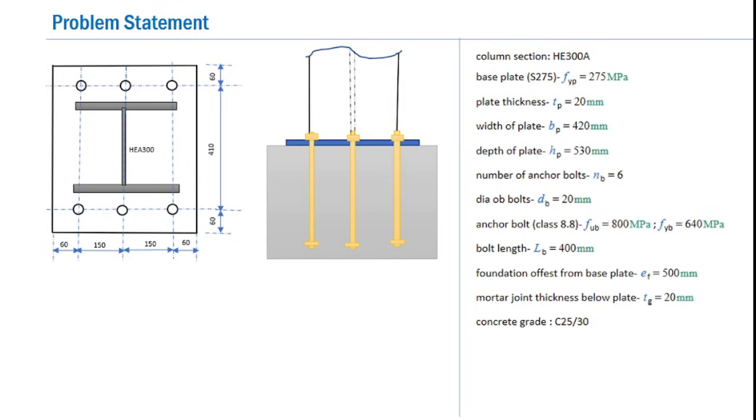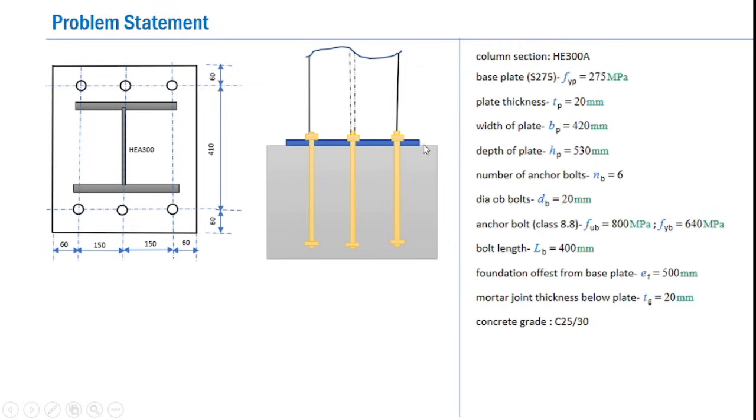So let us discuss the problem statement. The typical column layout that is considered for this tutorial is given here, and the parameters are listed on the right side. As you can see, the column section is HEA300 and the base plate is of grade S275 with a corresponding yield stress of 275 MPa.